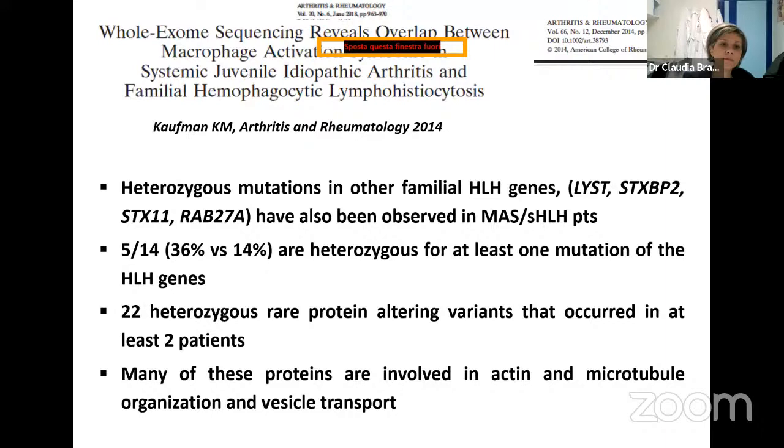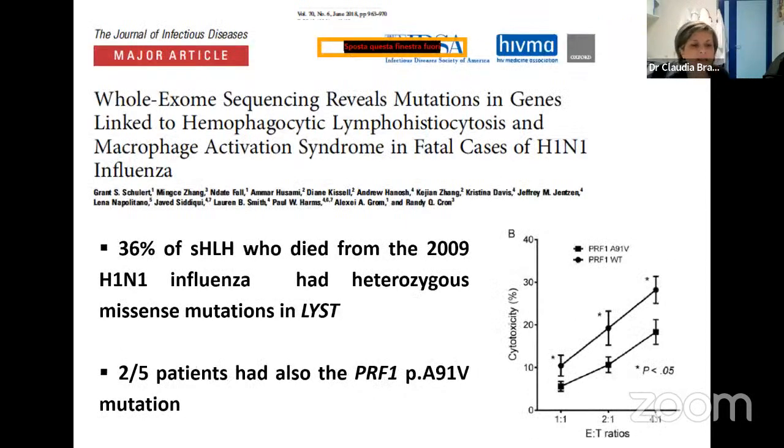Mutations in other genes of familial HLH have also been observed in patients with MAS and secondary HLH, so variants in LYST, syntaxin binding protein 2, syntaxin 11, and RAB27A. A number of patients with systemic JIA and MAS presented variants in these genes. But the genetic background is also important in other forms of HLH.